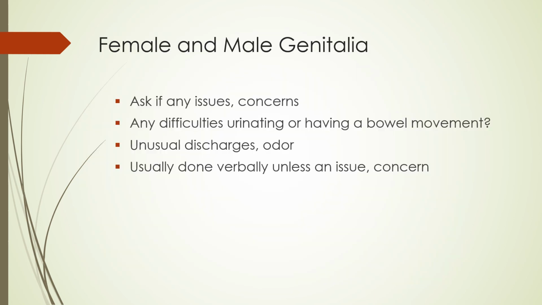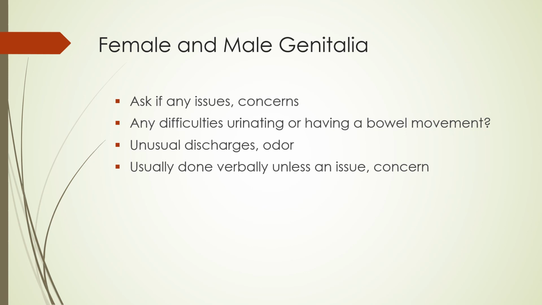We need to inspect the female and male genitalia, and ask them how they're urinating, are they having regular bowel movements, have they noticed any unusual discharges, any odor. All of that is abnormal, okay? They should be urinating without difficulty. They should be having regular bowel movements without constipation, without loose stools, without gassy, bloating feelings.